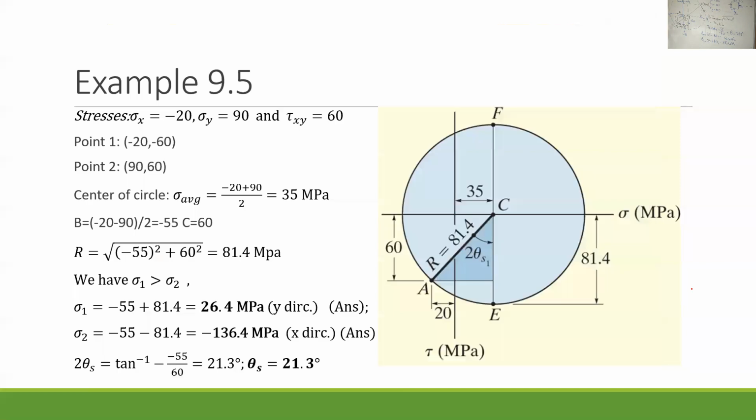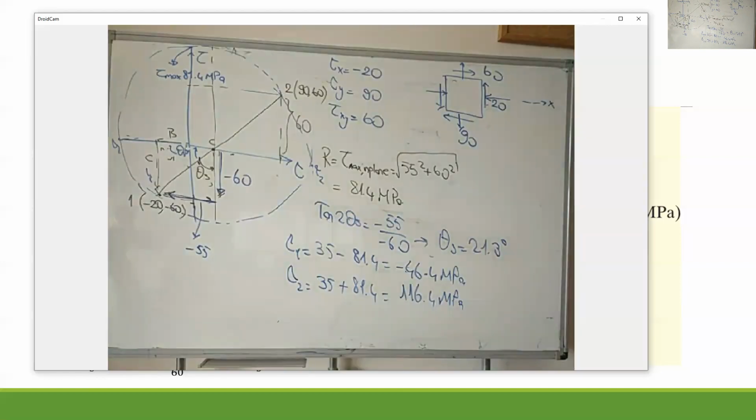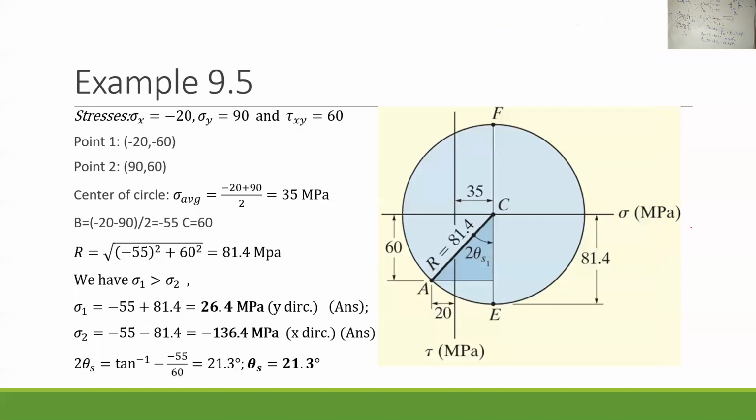Let me check our results. Oh, sorry, I miswrote. I think I made a mistake in here. Actually, this is 51. I think something is wrong. This value is not correct, okay.